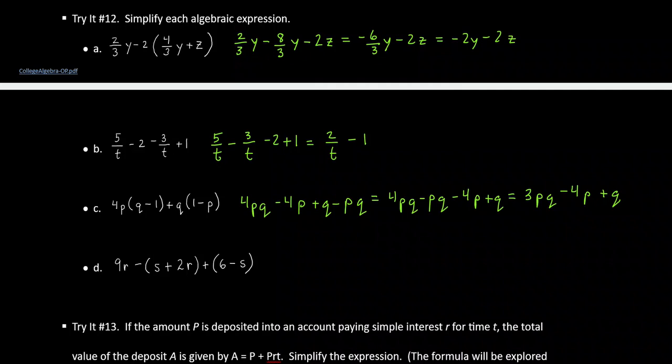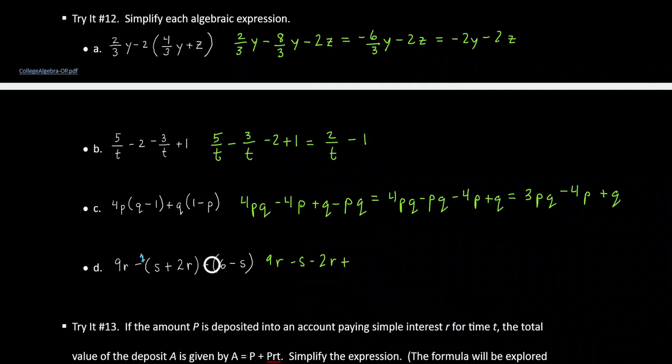The last one here, you're going to start out by distributing again. Remember, if you have a negative and there's no number, it's always good to just put a little 1 there. -1 times s is -s. -1 times 2r is -2r. Plus, there's nothing to distribute here.